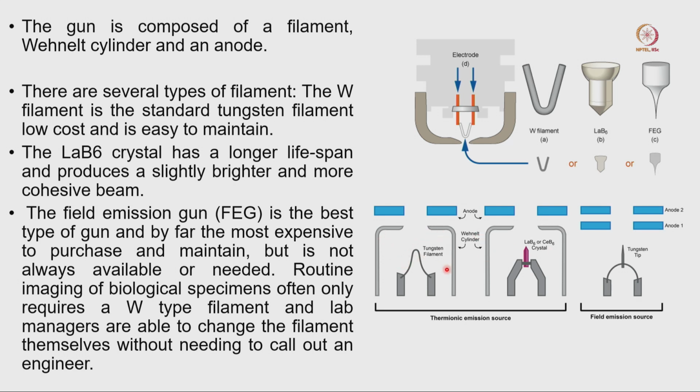So the tungsten filament and LaB6 filament are part of thermionic emission. On the other hand, if we consider the X-FEG and the normal cold FEG, in both cases two anodes are connected, which help us to extract the electrons from the tungsten filament tip.